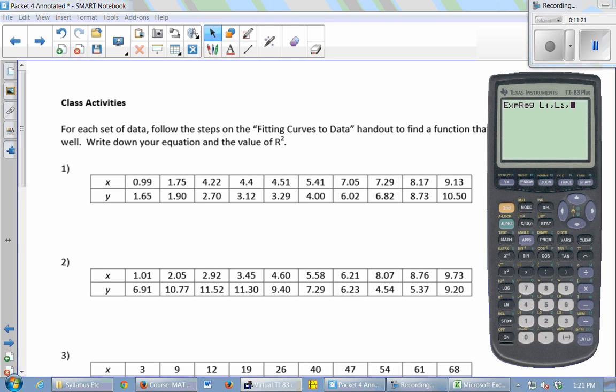To get Y1, you press vars, cursor over to YVars, choose option 1 for function, and then choose Y1 or wherever you want to store it. And then you have to highlight calculate, I think, and press enter.